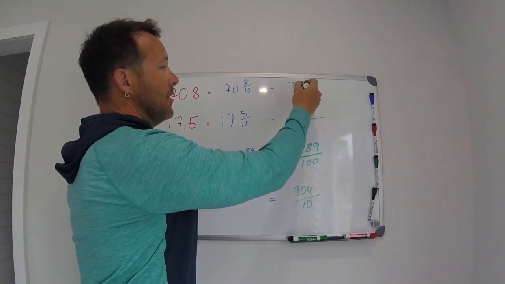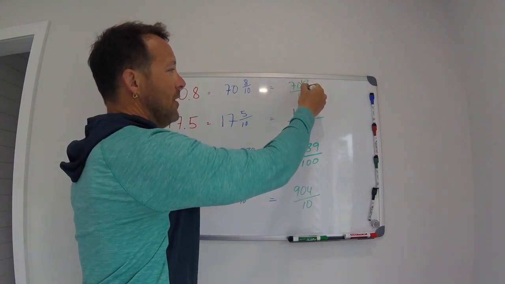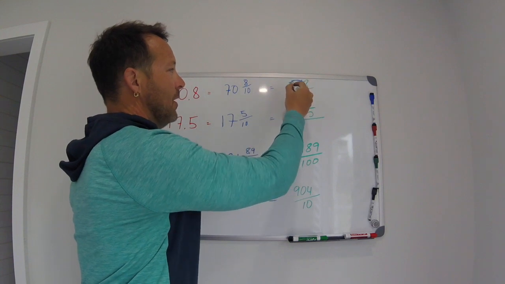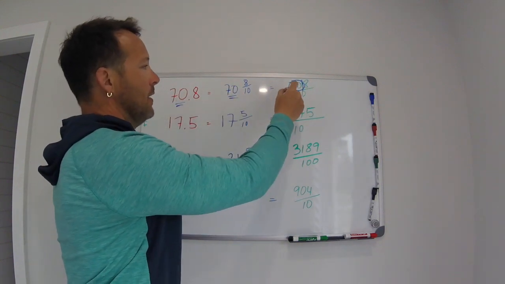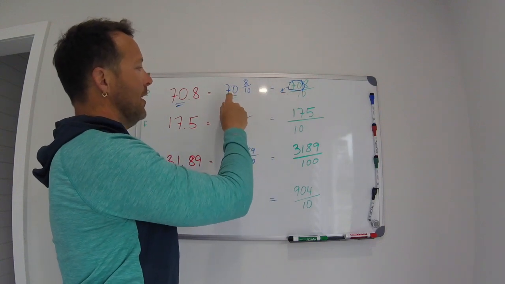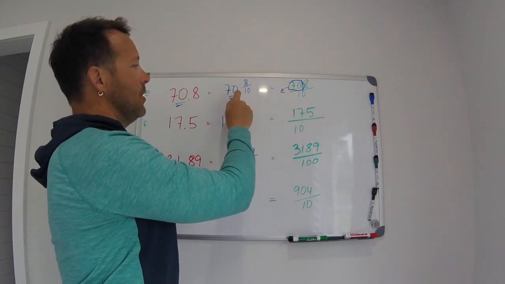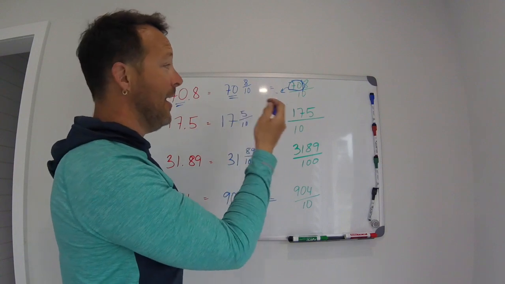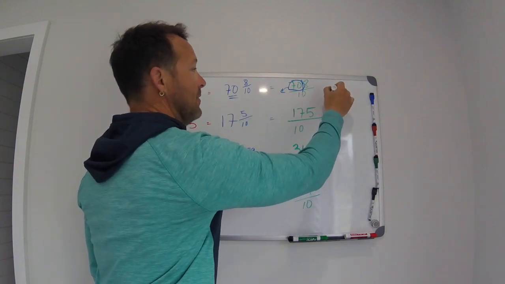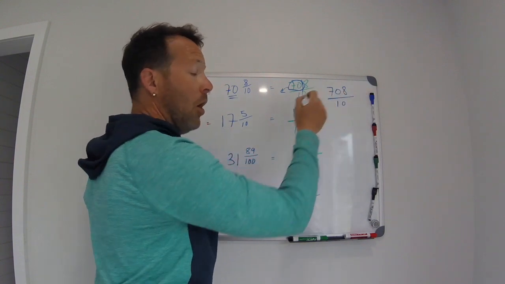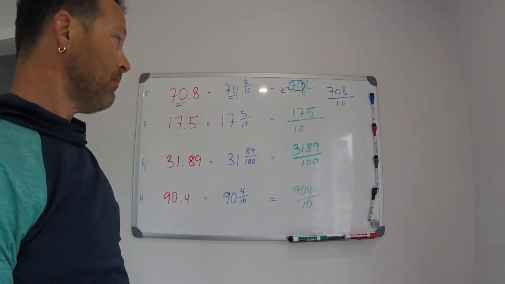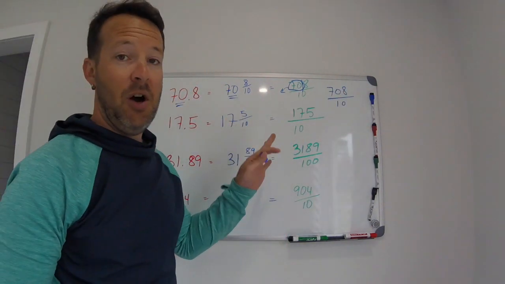So that means that we have to take out these 2, and that becomes our whole number, okay? So all we're doing here is we're taking the 70 and we're just attaching the 8 to the end of it, okay? So we're just taking 70, we're just putting the 8 on the end of it and putting that over our denominator. And we're basically doing that for all of these.